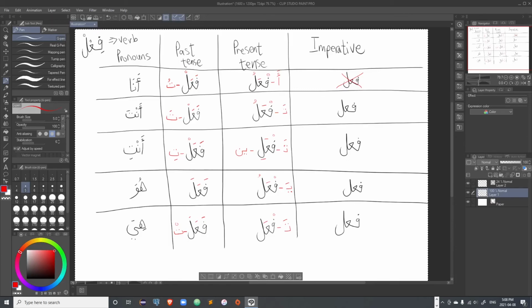For anta, if I wish to command someone and I say do, I say if'al. However, this alif does not have a hamza. It is a connecting hamza. Even though it sounds as if the alif has a kasra beneath it, it does not have a hamza.